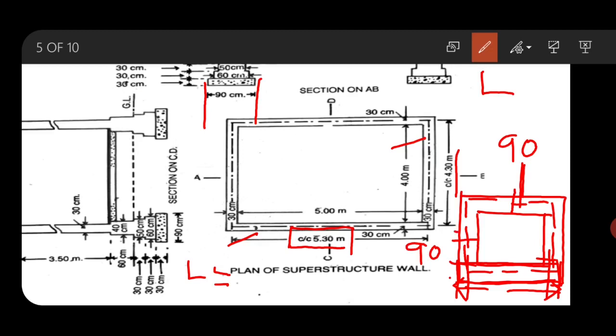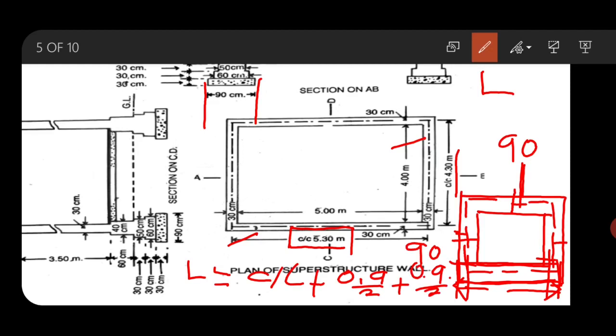So half of the breadth on one side and half of the breadth on another side will add to the center line length, then we will get the total out to out dimension of this long wall. So center to center length plus half of the width on one side and half of the width on another side, we will get the total out to out length of the cement concrete work in long wall.